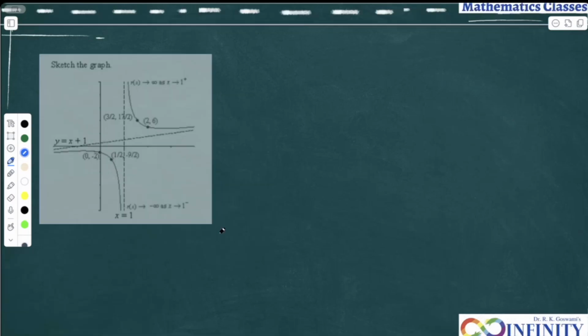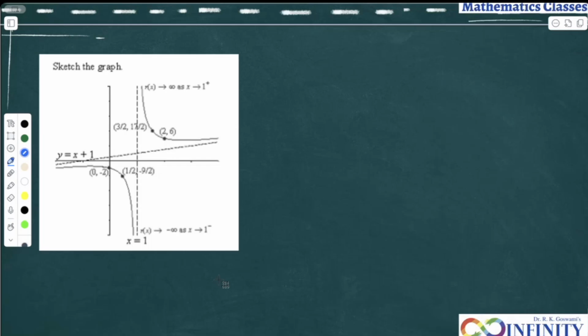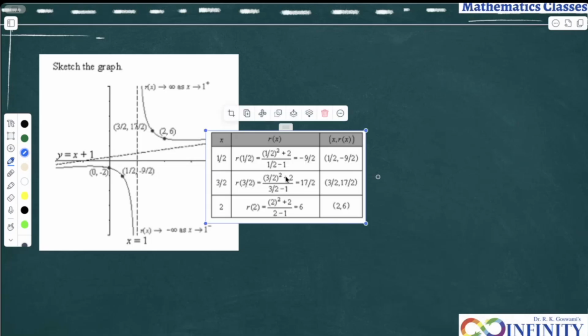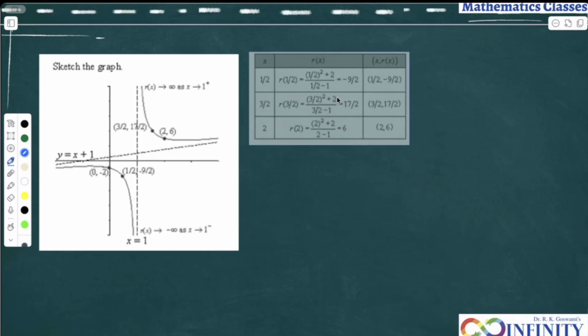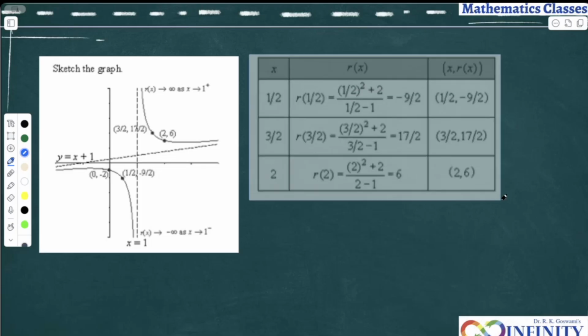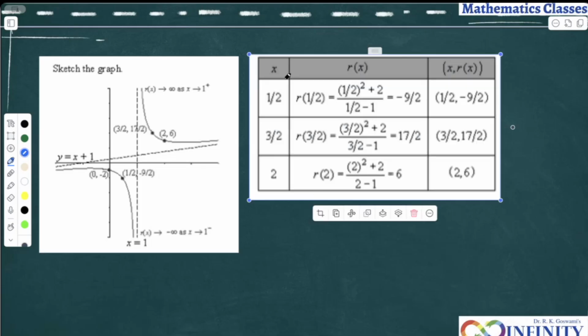This is the type of graph they are having, and the table using some points. You also need to include in your working some observation about the points. What will be the value of R(x) at these points?